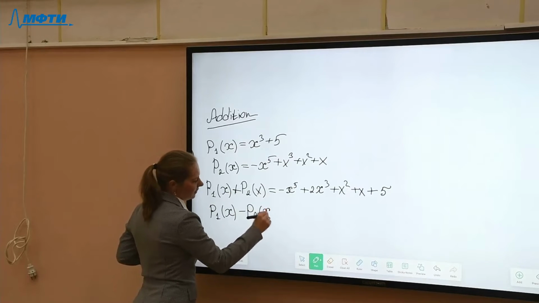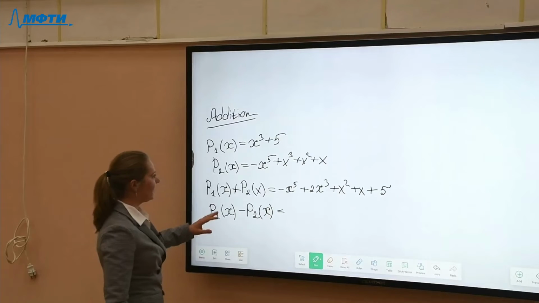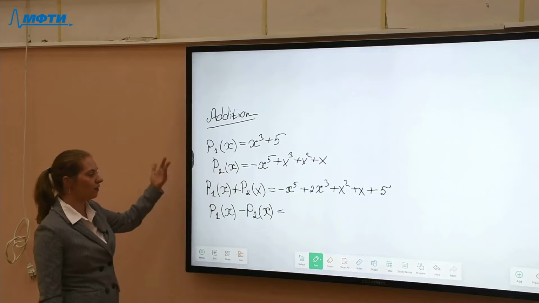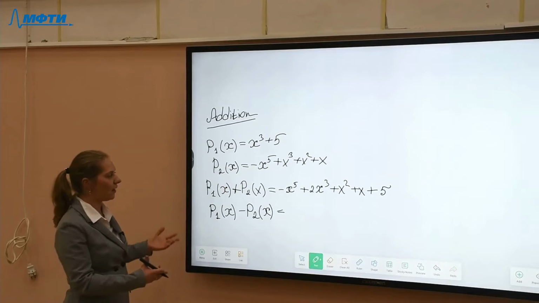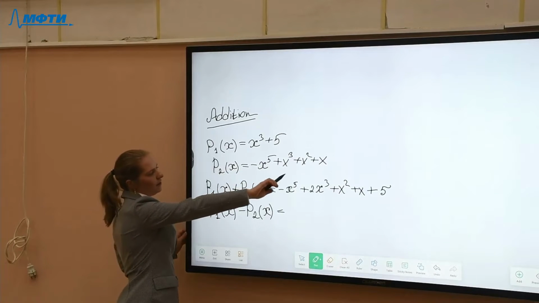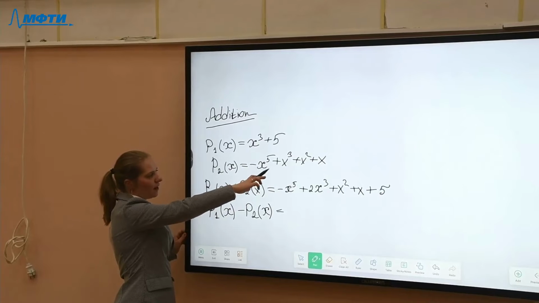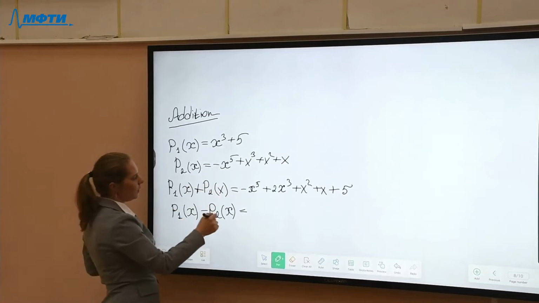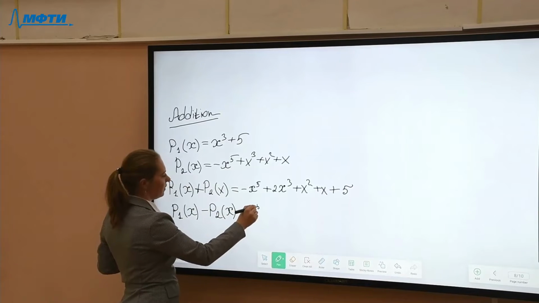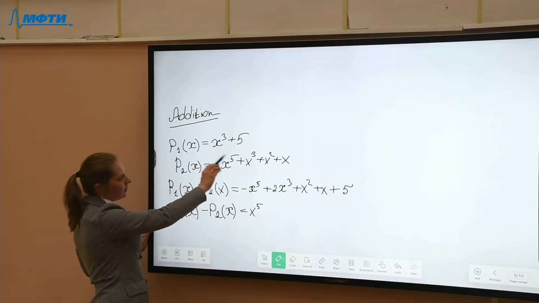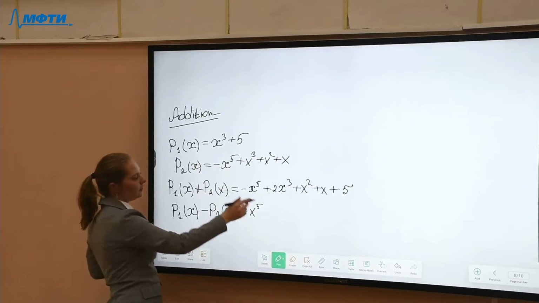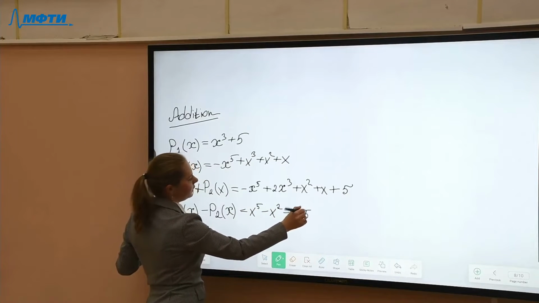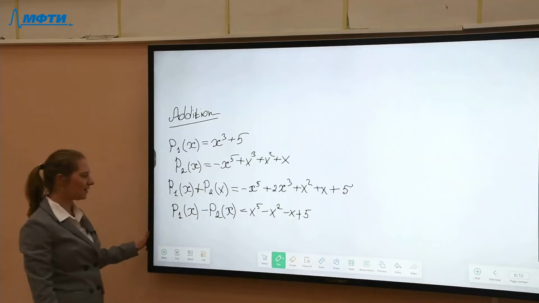So we need to multiply this polynomial by minus 1, and then we again need to add them. Minus 1 times this polynomial is x to the power of 5 minus x cubed minus x squared minus x. So it will be x to the power of 5. Then x cubed minus x cubed is 0. Then minus x squared minus x and minus 5. Oh, plus 5. And plus 5.